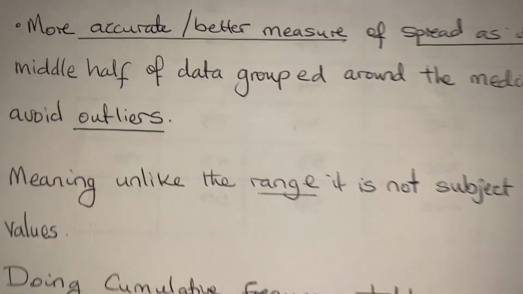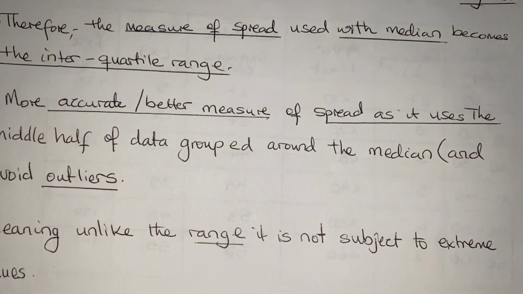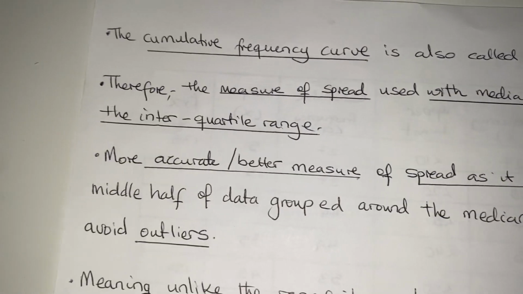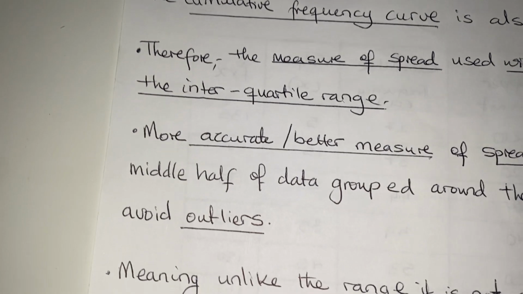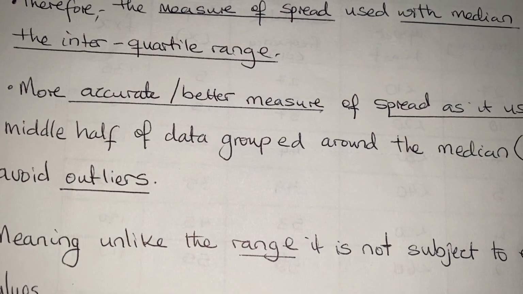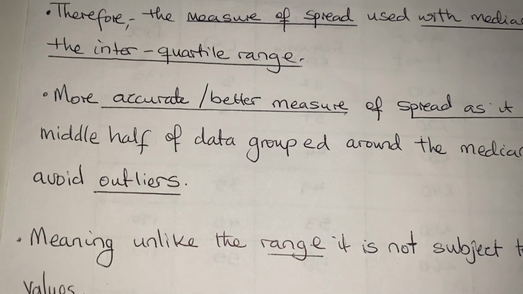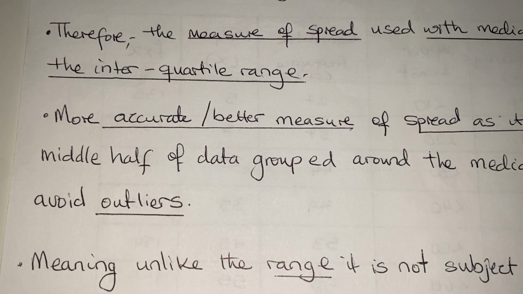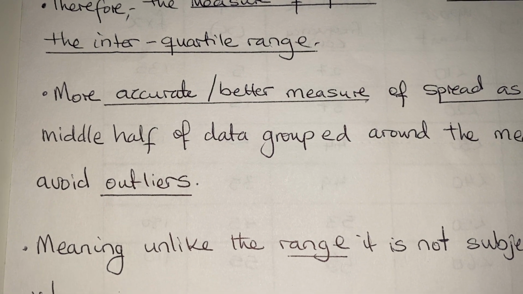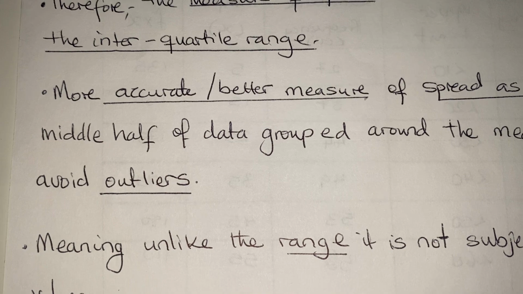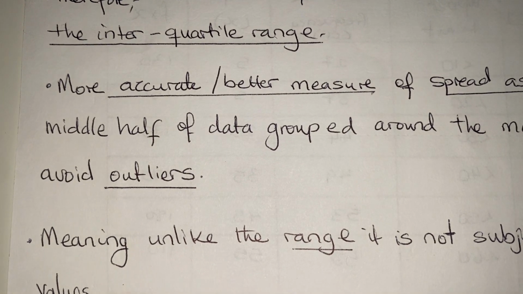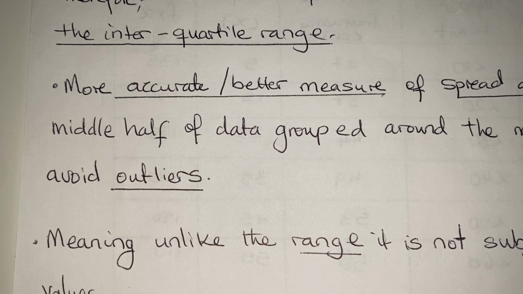So if there's an outlier and you plot a cumulative frequency curve, the range might be vast, but you can get estimated values for the median, the lower quartile and the upper quartile and use those for your decision.